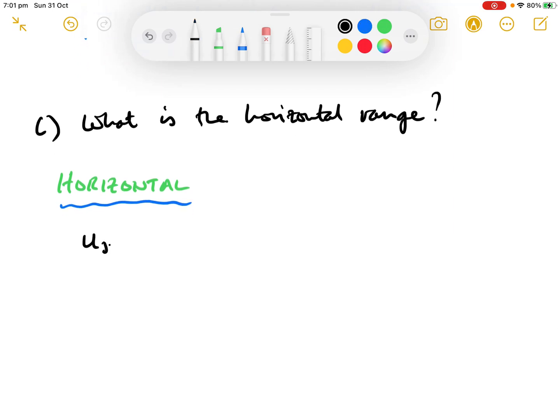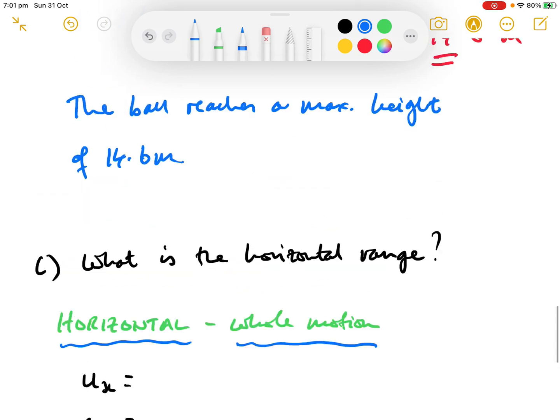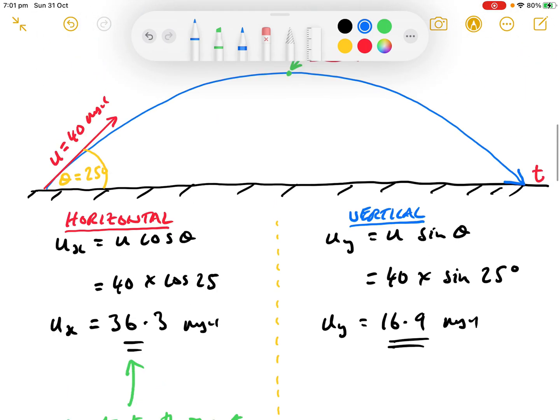And in the horizontal, of course, all we're dealing with are three variables. And if it's the horizontal range, we're dealing with the whole motion. So you can see I'm showing the reader of my solution, the marker, that I know this is a horizontal problem and I know it's the whole motion I'm dealing with.